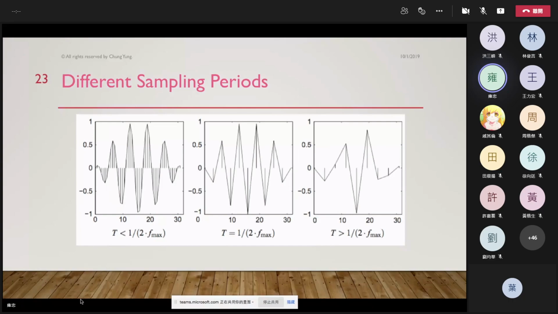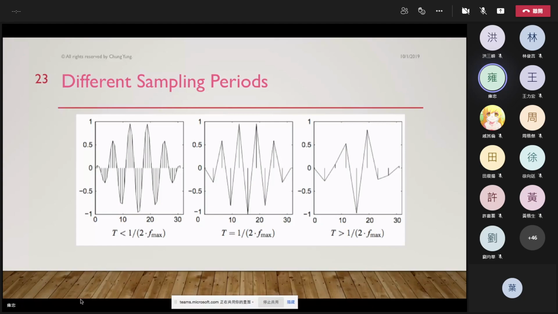And when we do the sampling, the sampling period is critical. As you can see, this figure shows 3 kinds of sampling periods, and they result in very different shapes of figures.